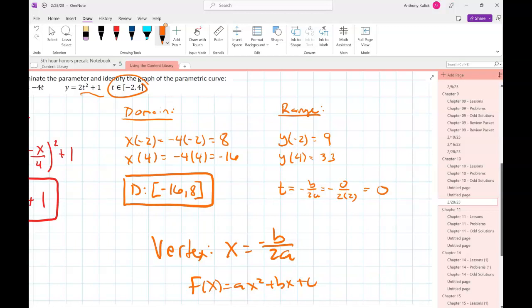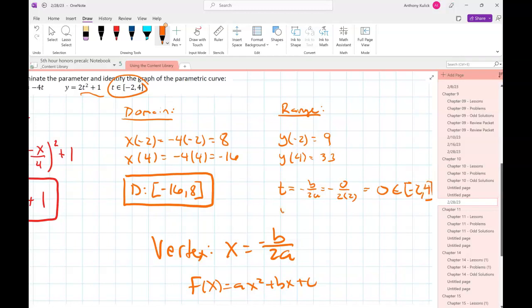Now, is that vertex always going to matter? When might it not matter? If it doesn't lie inside the interval for t. Now I can see that 0 is clearly in the interval from -2 to 4.